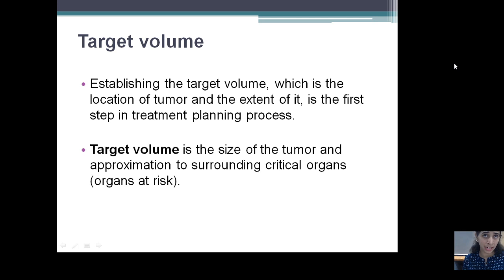In that also we'll divide it into different volumes, and then we have organs at risk, the local organs which can be at risk. For breast cancer, we have heart and lungs as organs at risk, so we need to keep that in mind to protect those organs.